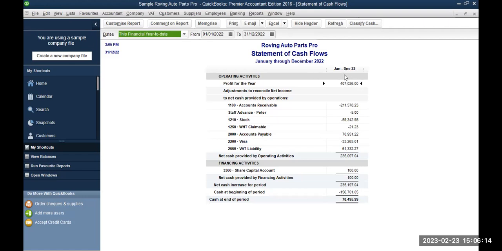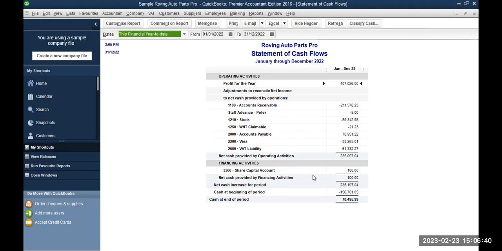It shows a reconciliation of your profit and loss for the year. It shows that your accounts receivable is part of what is holding a lot of your money, along with more stock that you bought. All that reconciliation comes down to your net cash provided by operating activities, the share capital that was added, and any investment activities.